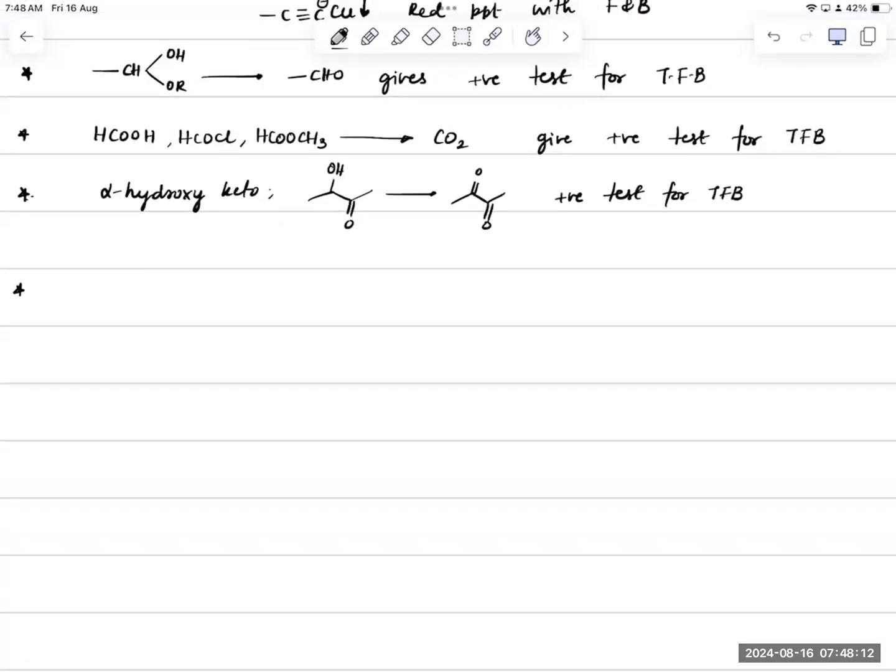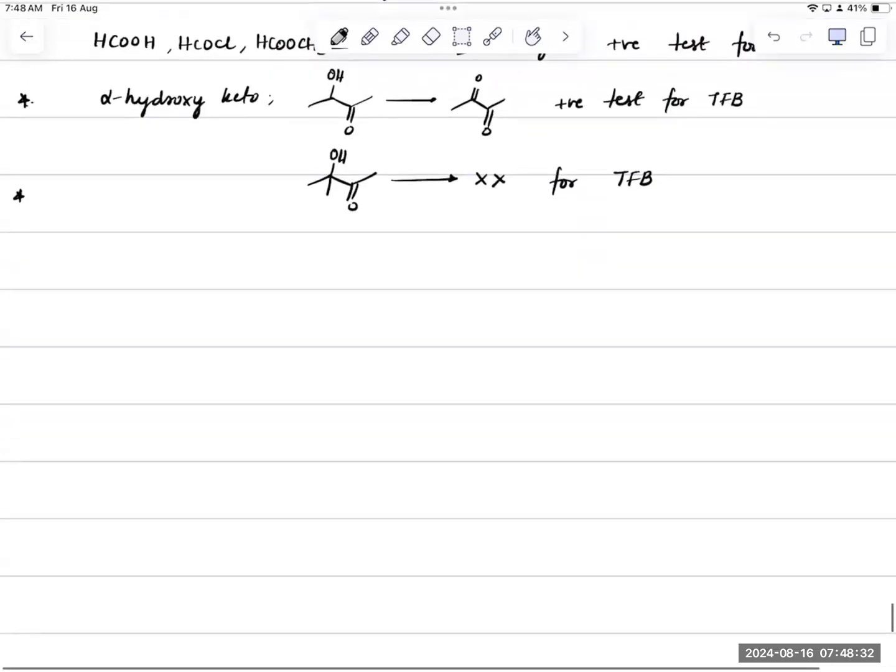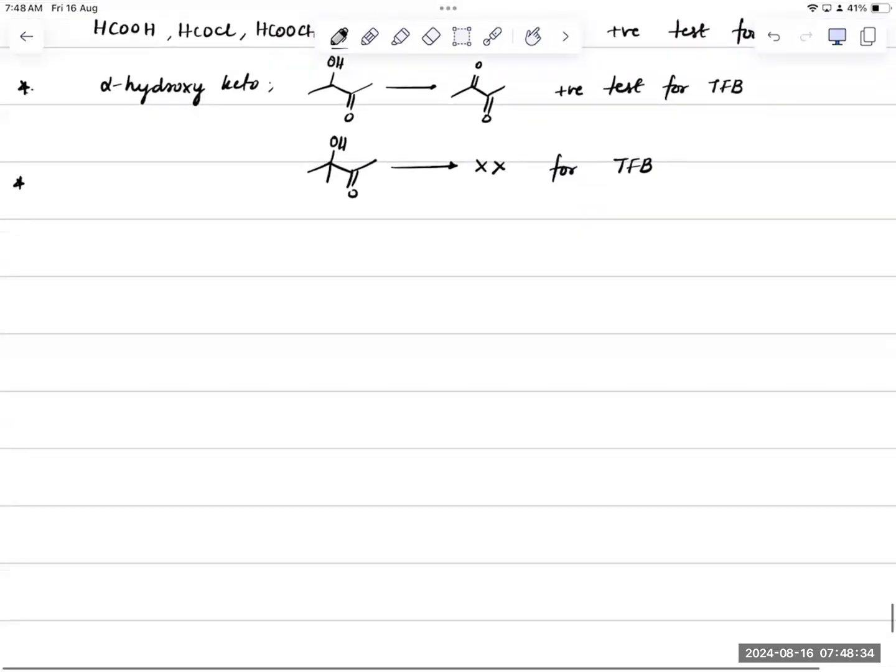Now alpha hydroxy is there, but there is no alpha hydrogen here, then it is negative test. So if you have double bond O, OH, and one more methyl, there is no alpha hydrogen there. Then this is going to give a negative test for TFB.